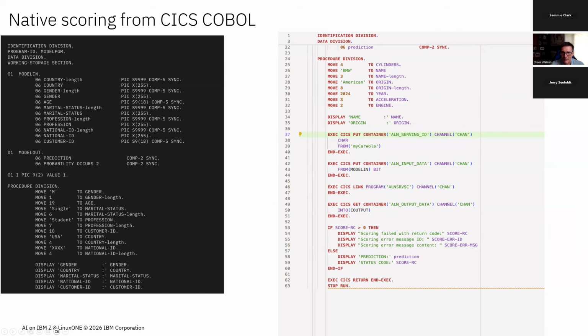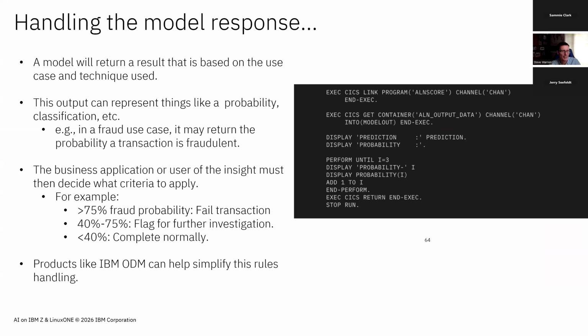You just have to set up the parameters with the correct fields, per your data scientist, in the format they want the real-time values converted into when I invoke the model. And then handling the response, some kind of if condition afterwards to say, okay, if it's 75% fraud probability or greater, I'm going to fail the transaction, et cetera. So all kinds of different options available in that space.